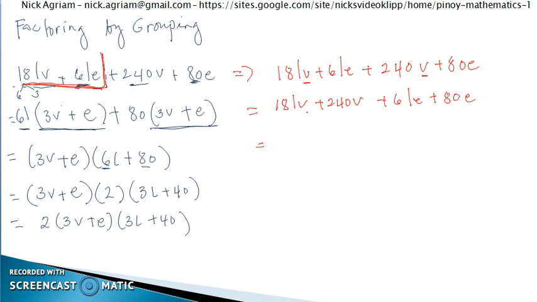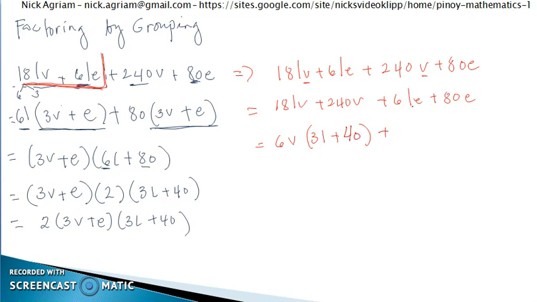Between 18V and 24V, we have 6V, and we have 3L plus 4O, not 40, 4O. I should write better.